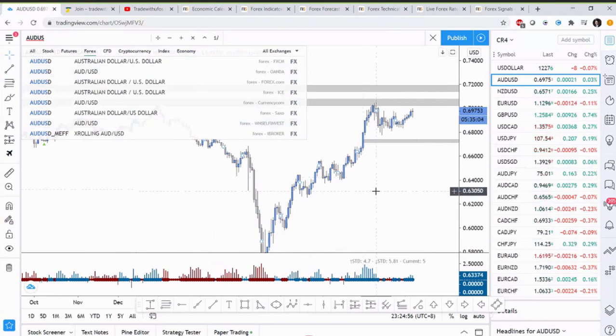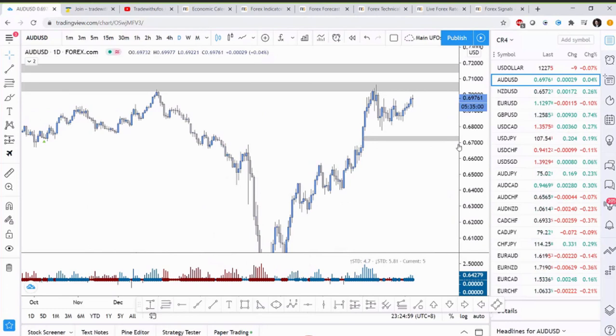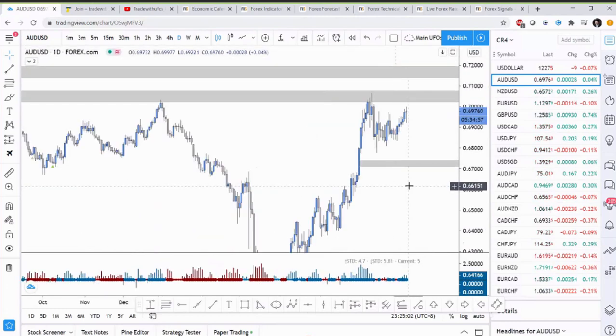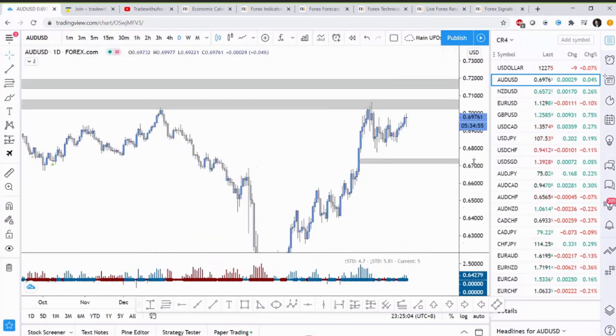But I think what we go through in our class is some parameters that we use to give you a little bit of room, a buffer, so that when you're placing your orders, you basically just adjust for the spread.